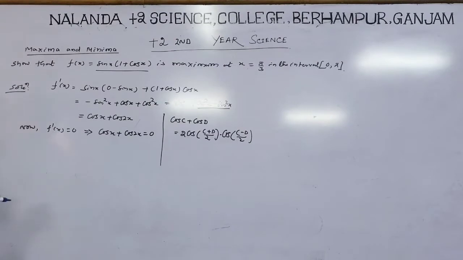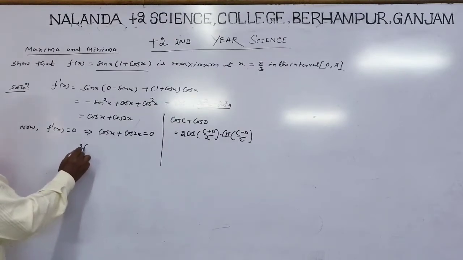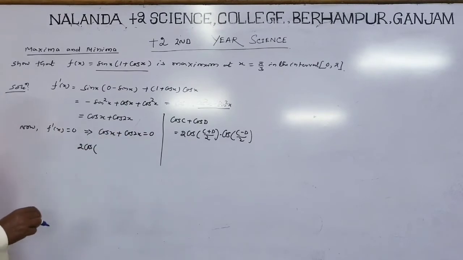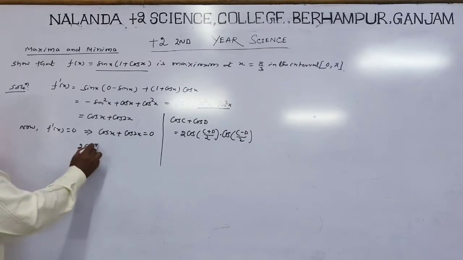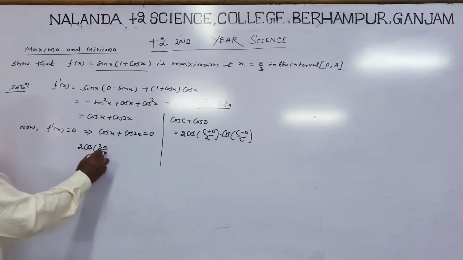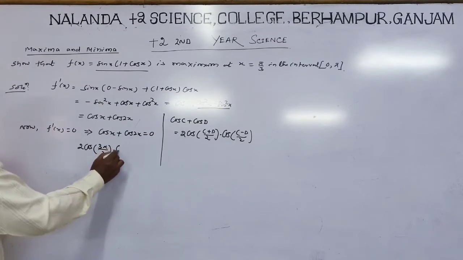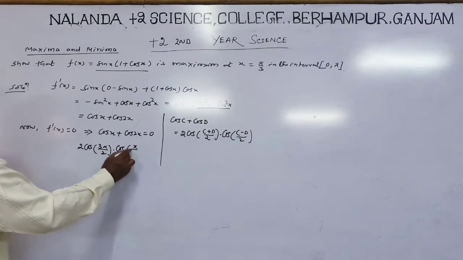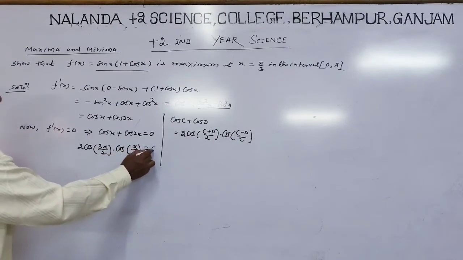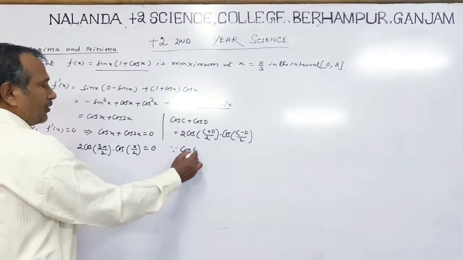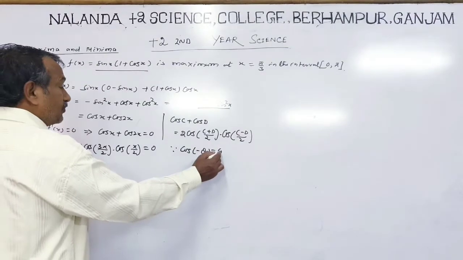Now here, 2 cos of (c plus d) by 2, that is (x plus 2x) by 2, which is 3x by 2, into cos of (c minus d) by 2, that is (2x minus x) by 2, cos x by 2, because cos of minus theta equals cos theta.